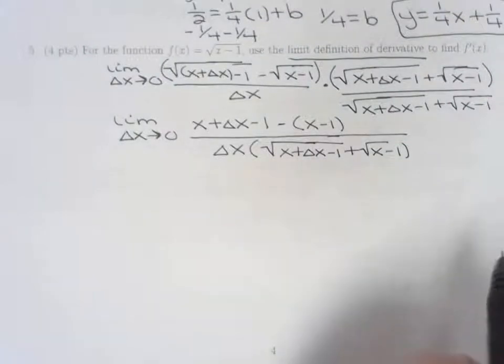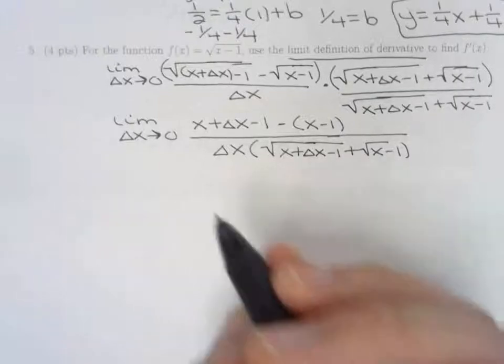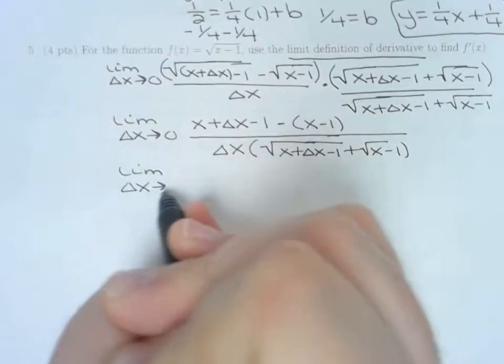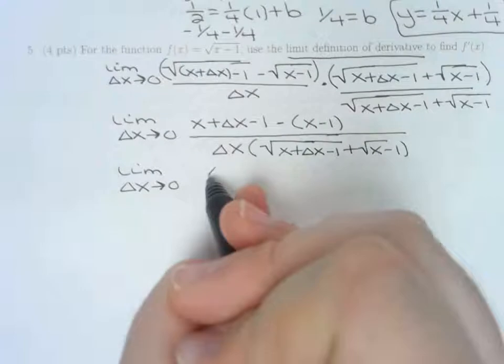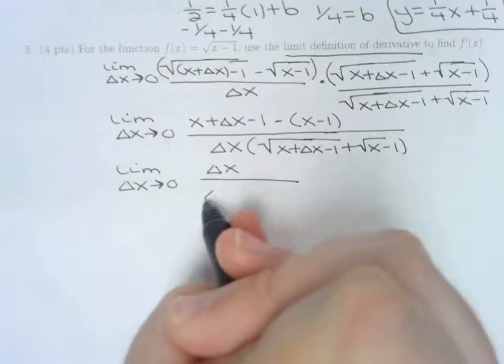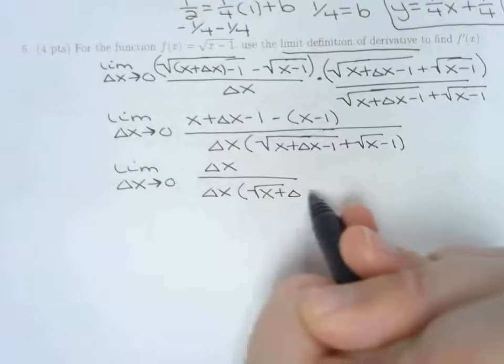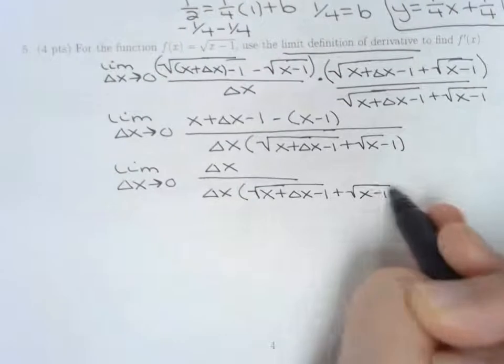All of these limit definitions kind of follow that same step. You'll eventually be able to cancel out delta x. The top will become, x minus x is gone, negative 1 plus 1 is gone, so I just end up with delta x over delta x times square root of x plus delta x minus 1 plus square root of x minus 1.